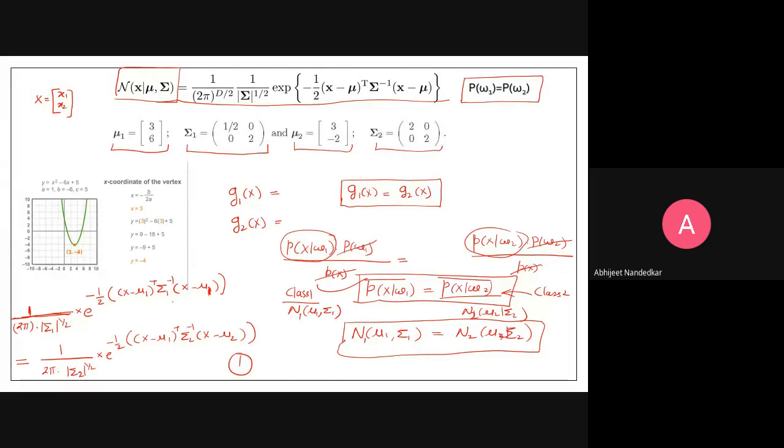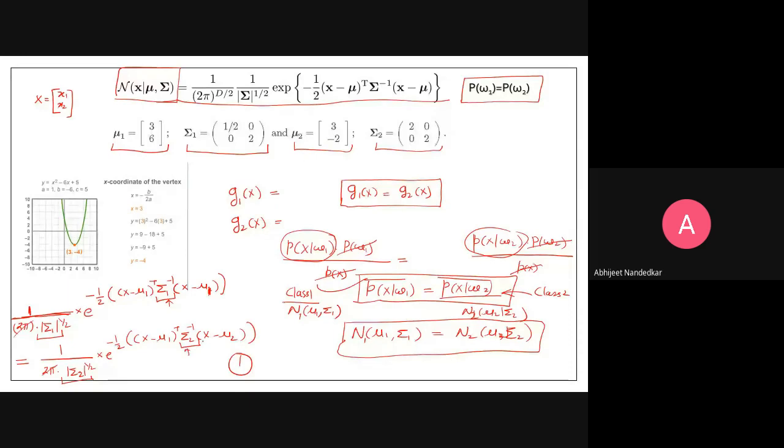Obviously this 2 pi will get cancelled out. You need to calculate separately the determinant of sigma 1, the determinant of sigma 2, and the inverse of sigma 1 and inverse of sigma 2. So before you solve equation 1, you have to find out these quantities.